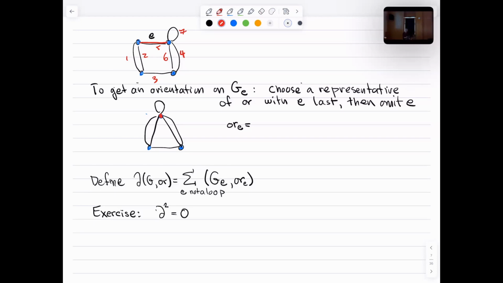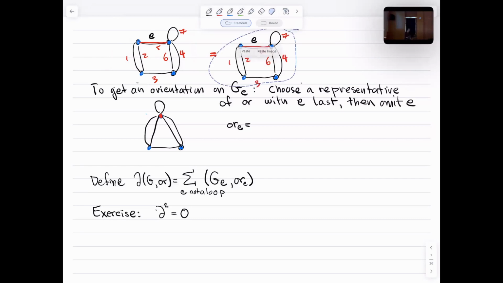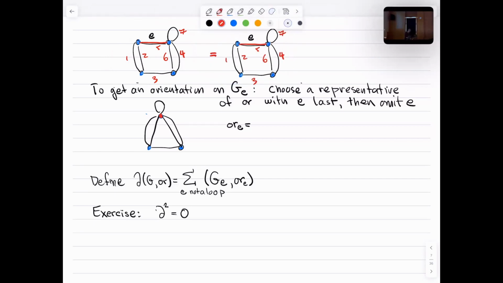Okay, so now I need an orientation on that. So I choose a representative of the orientation with my edge to be the last one in the orientation. I didn't do very well here. I want E to be number 7. There.